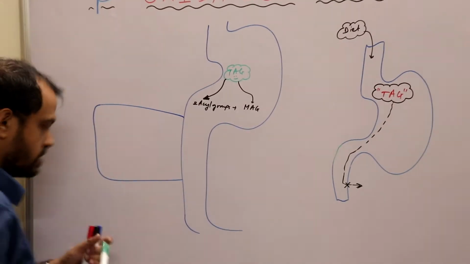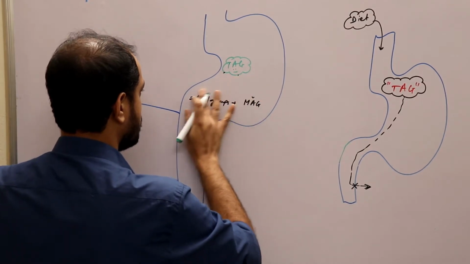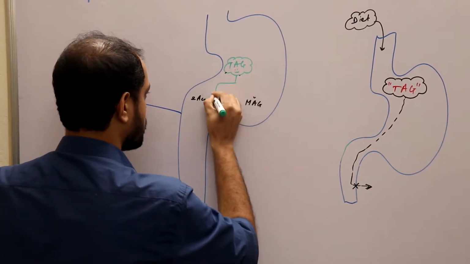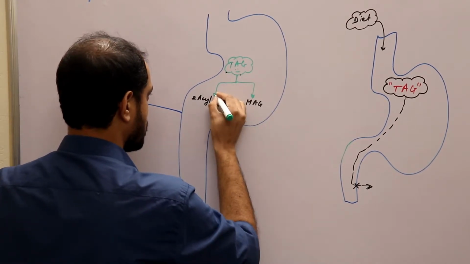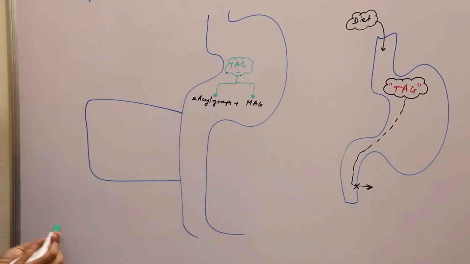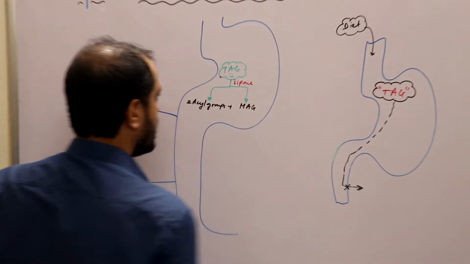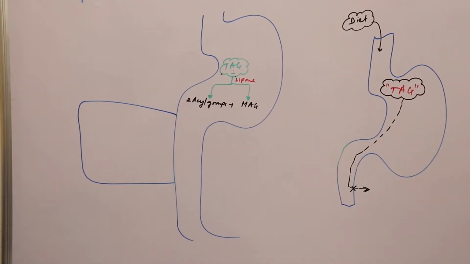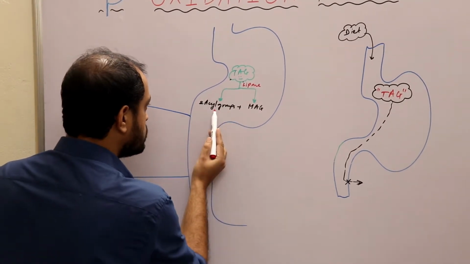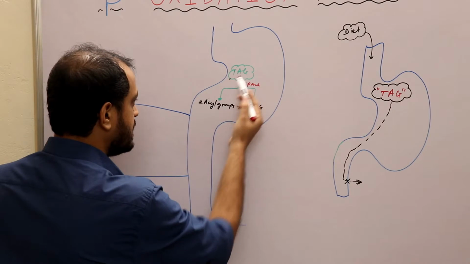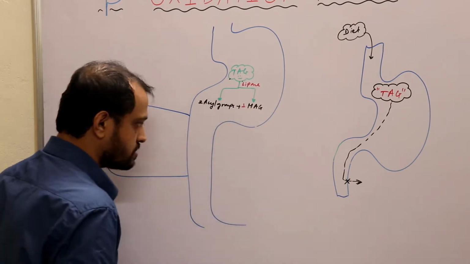That means pancreatic lipase. Pancreatic lipase breaks down TAG into 2 acyl groups and 1 monoacylglycerol. What is the structure of monoacylglycerol? Now listen.